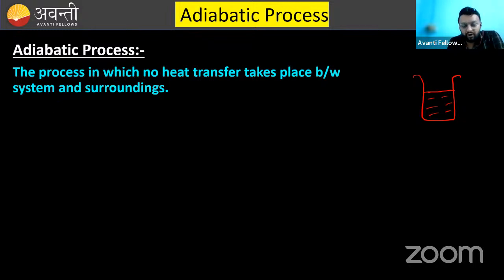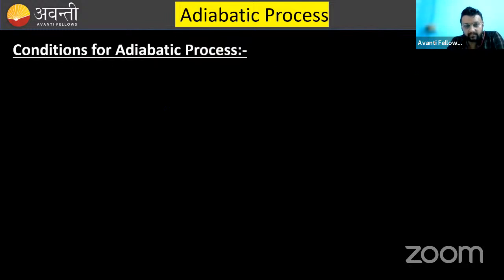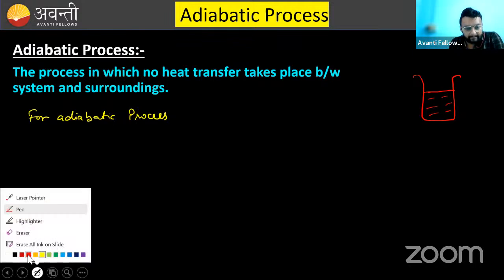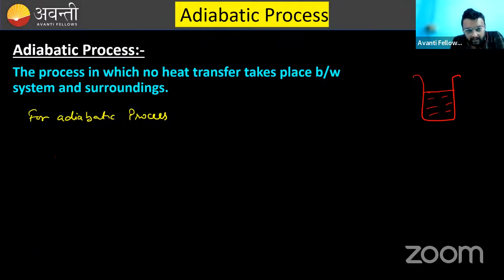So Poisson's law says for an adiabatic process, P into V raised to the power gamma is equal to constant.